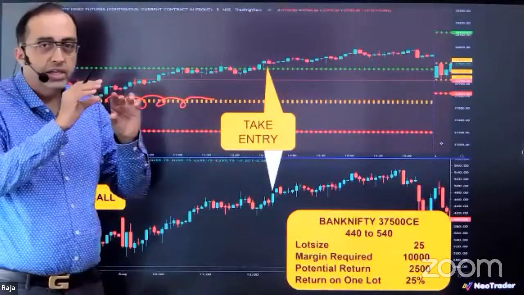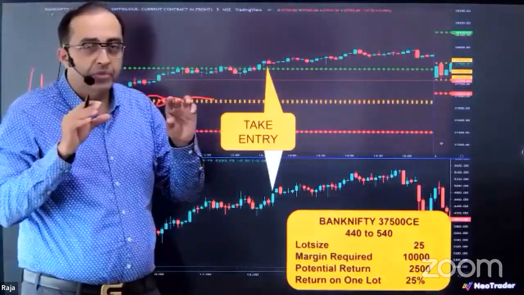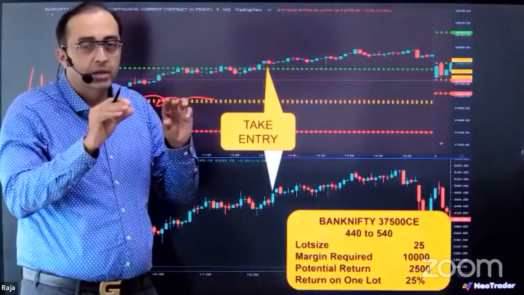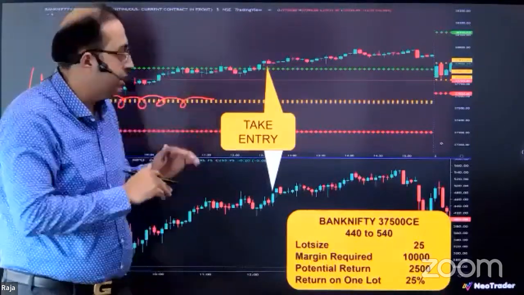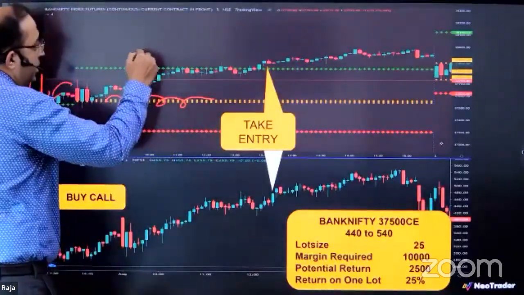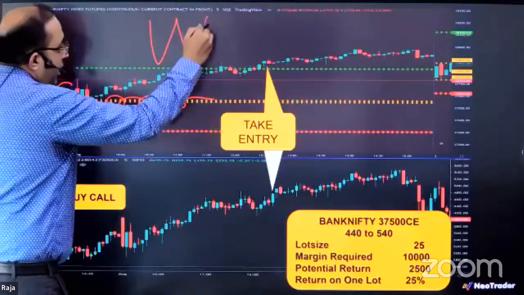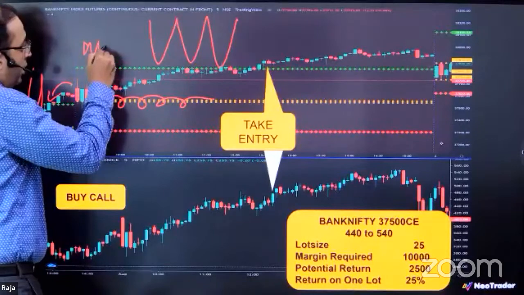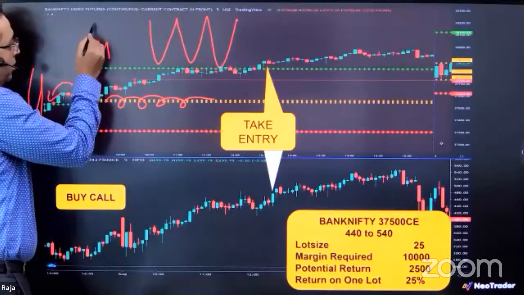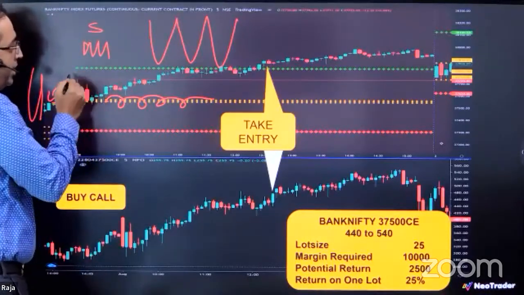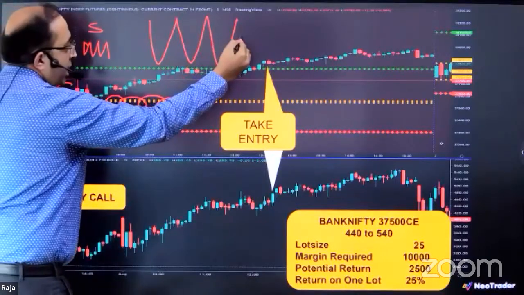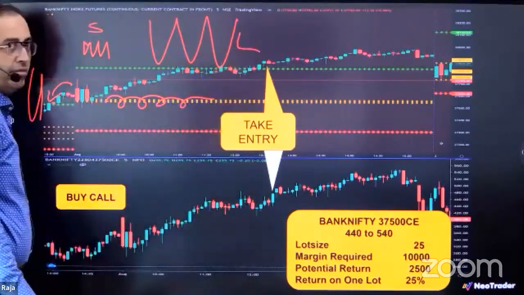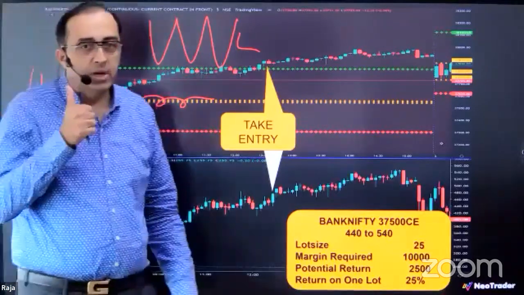Now, if the range becomes larger, what do you mean by range becomes larger? This is called a large range and this is called a small range. So when the range is small, then you will have a narrow CPR. When the range is large, you will have a wide CPR. How many of you got this? Give me a thumbs up.